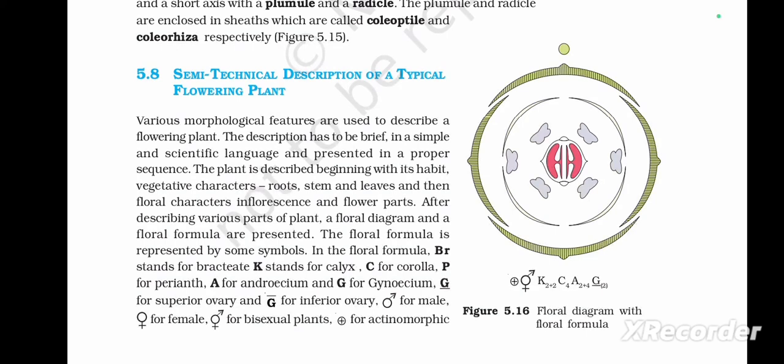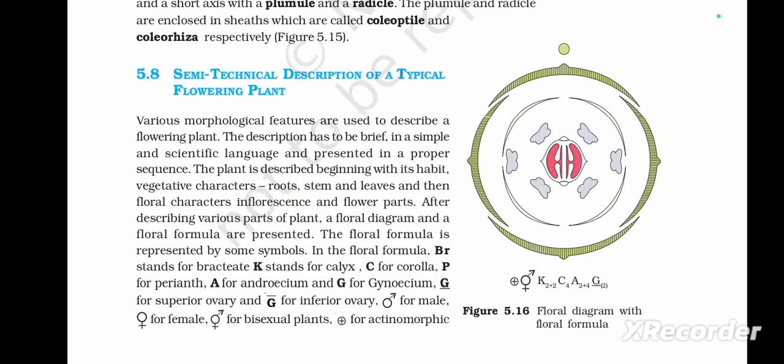The floral formula is represented by some symbols. In the floral formula, Br stands for bracteate, K stands for calyx, C stands for corolla, P stands for perianth, A for androecium and G for gynoecium.